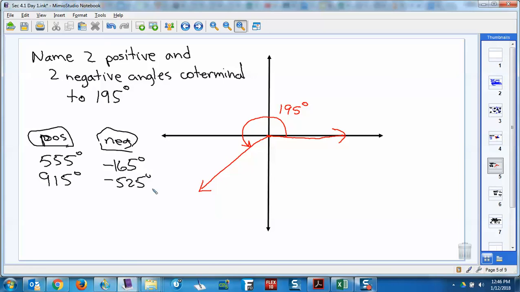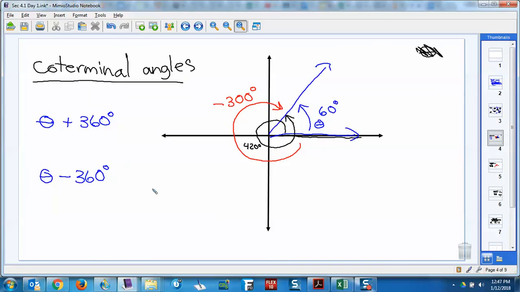You just take 195 plus 360, which is that, and then plus 360 again, and that's where the 915 came from. Then take 195 minus 360, and that's the negative 165, and then minus 360 again, and that's the negative 525.